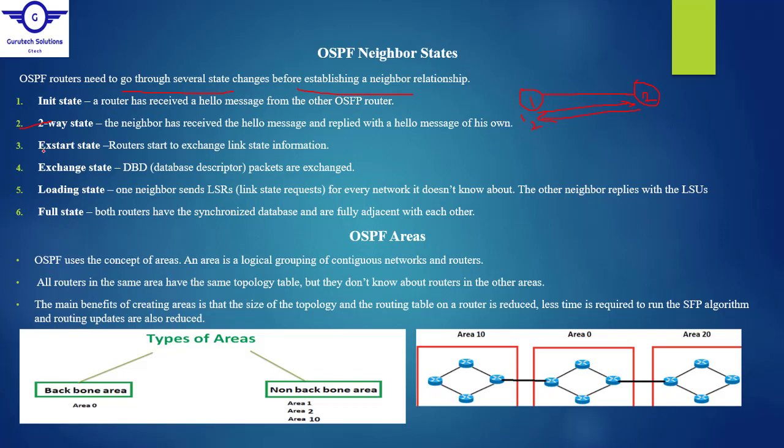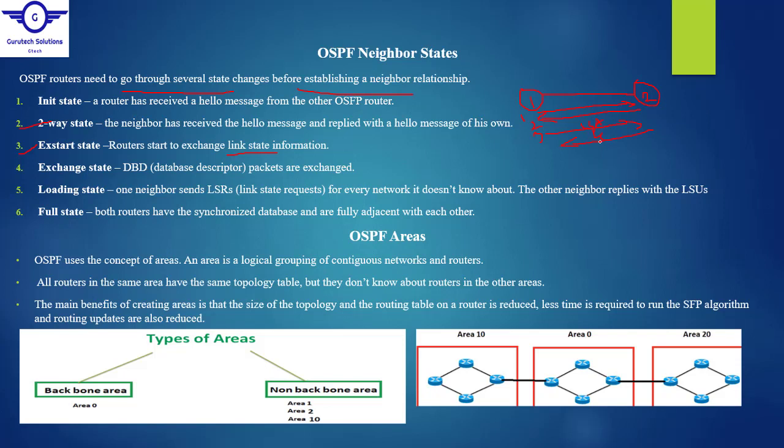And now exstart state. Under exstart state, the routers start to exchange link state information. So let's say this is stage 3. This router starts to send link state information, LSA, and this router also can exchange the link state information.